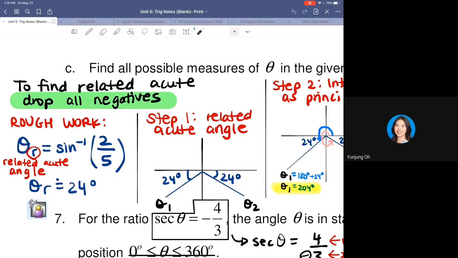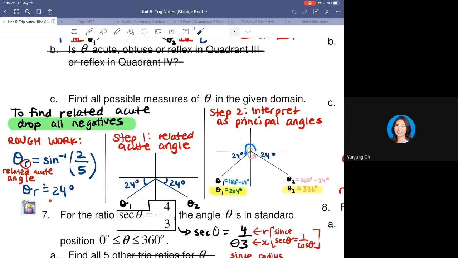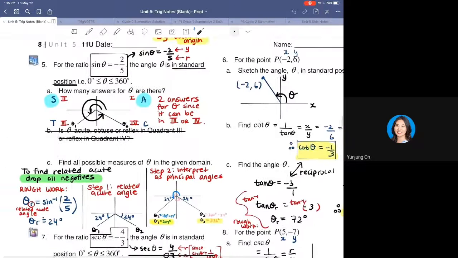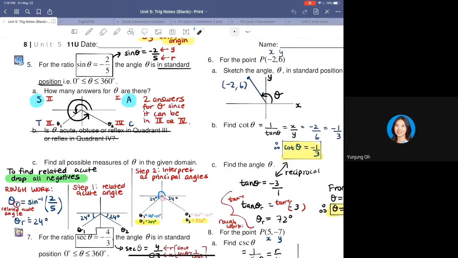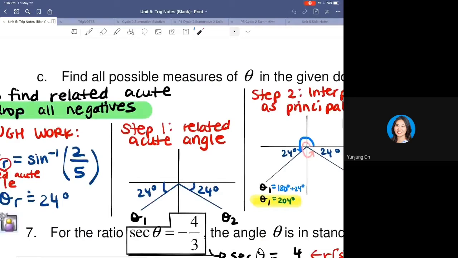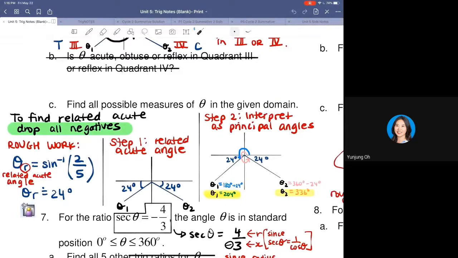So basically, drop the negative, find the related acute angle, and you are going to use that related acute angle. And then this question said that sine theta is negative, which means y is negative. That means when I draw my arm, I'm considering that negative part, and I'm applying the negative afterwards when I'm drawing my terminal arms.